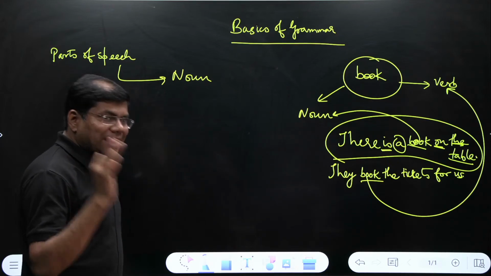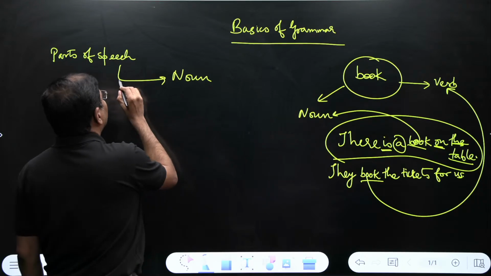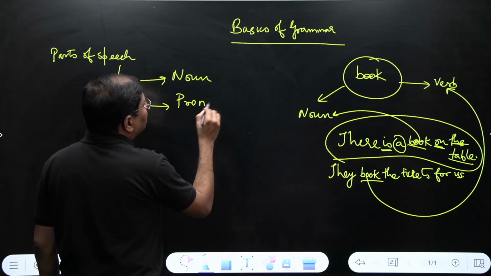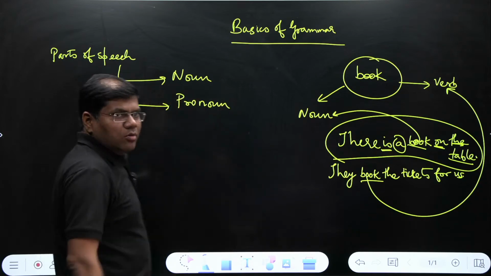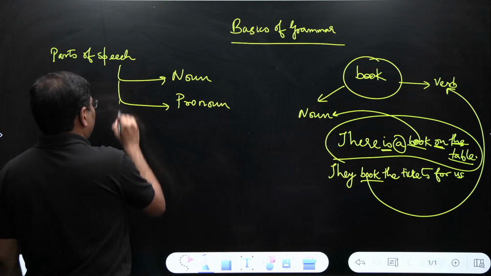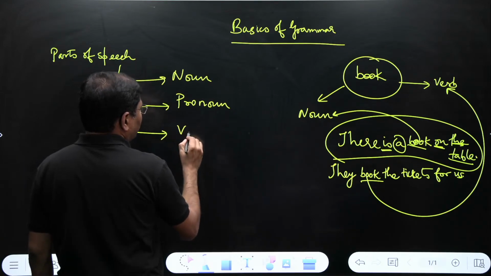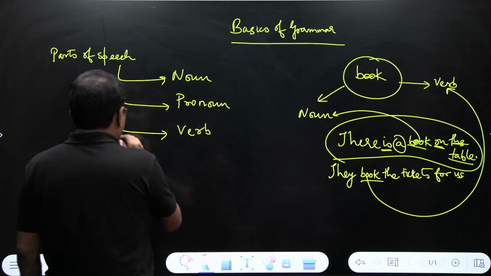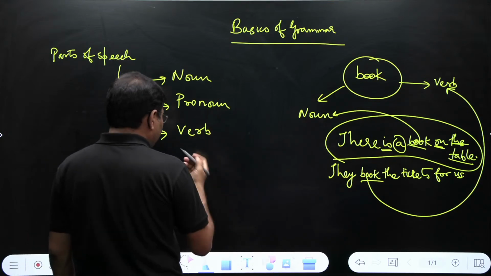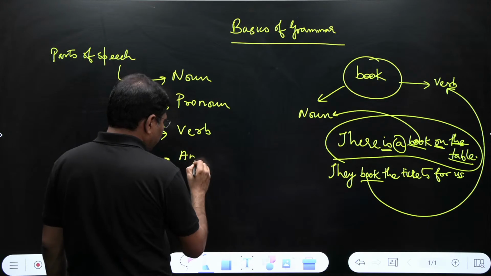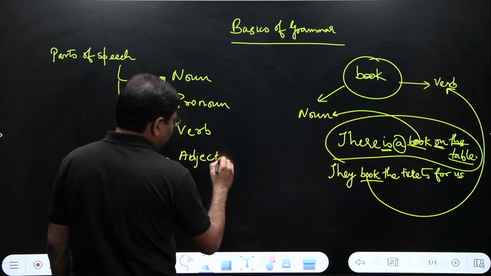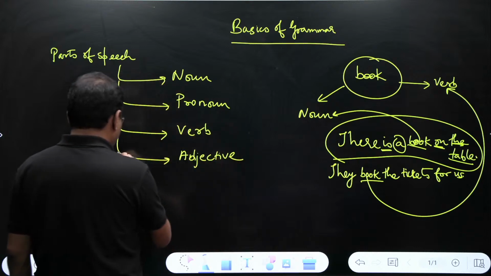Any word in a sentence could be a noun or it could be a pronoun. Correct? It could be a verb. It could also be, apart from these, an adjective. Correct?